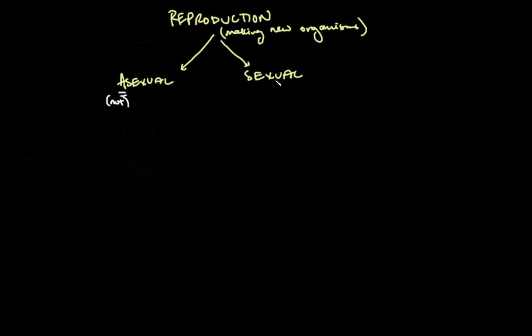And you might think you know what sexual reproduction means, but in a technical sense you may not. So what sexual reproduction simply means is that there are two different types of cells that combine to make a new individual, right?